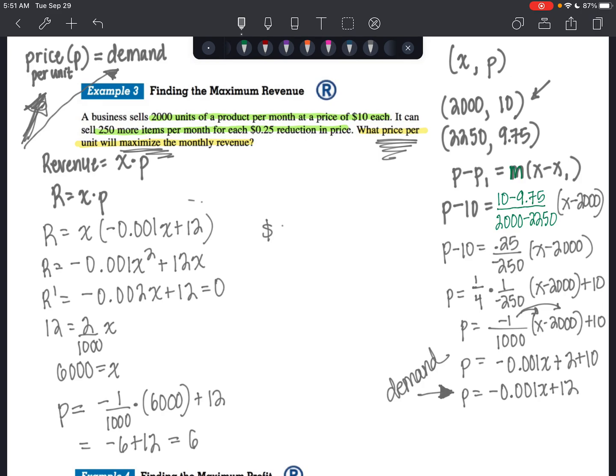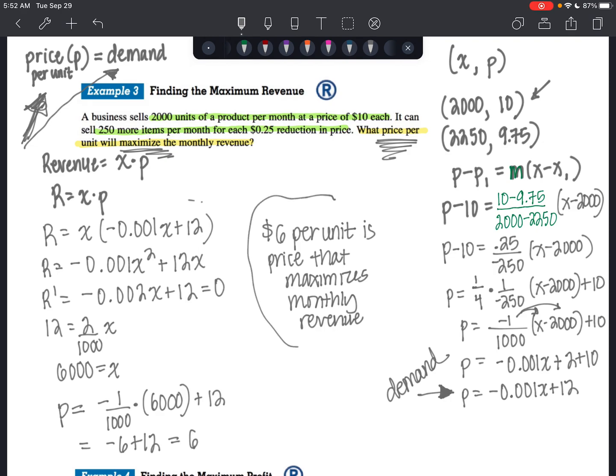That means $6 per unit is the price that maximizes monthly revenue. And that is the answer to that question.